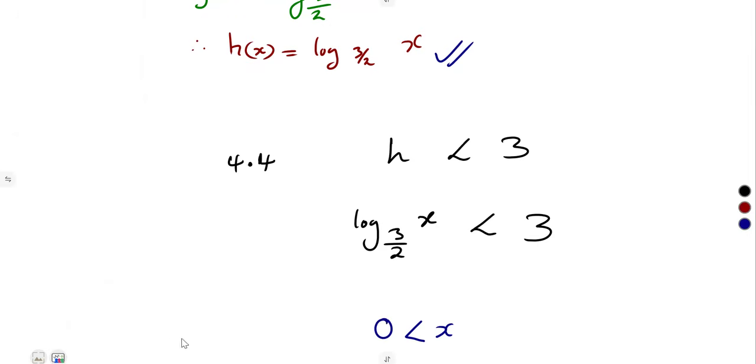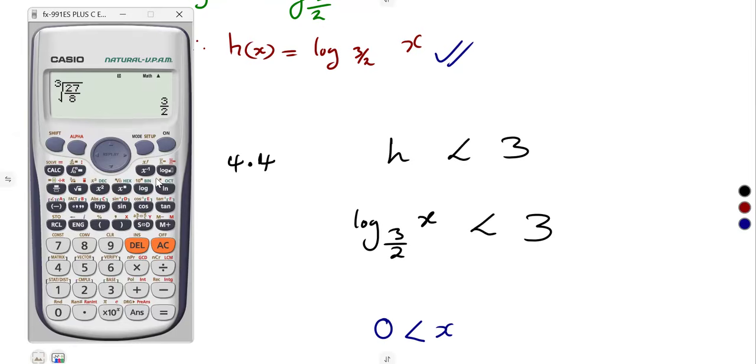The logarithm, guys, we are dealing with the logarithm here. Know the concept. 3 over 2 is our base, and this is a logarithm. We cannot have the logarithm of a negative value. That cannot happen. We cannot have the logarithm of 0 either. It starts for values that are greater than 0. It can be 0.1.